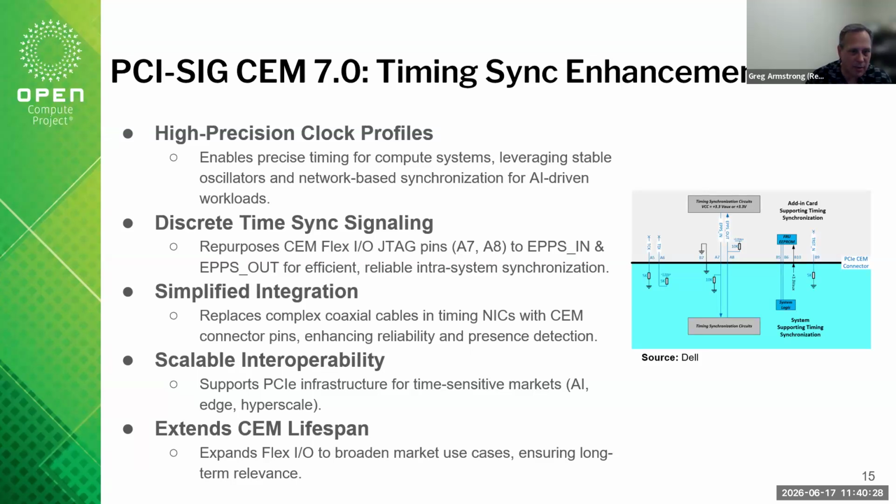Let's reuse a couple of those pins and define them as EPPS in and EPPS out. So they only took 2 pins, very efficient. I don't need 6 pins; I'll take 2, one going out of the card, one coming in.